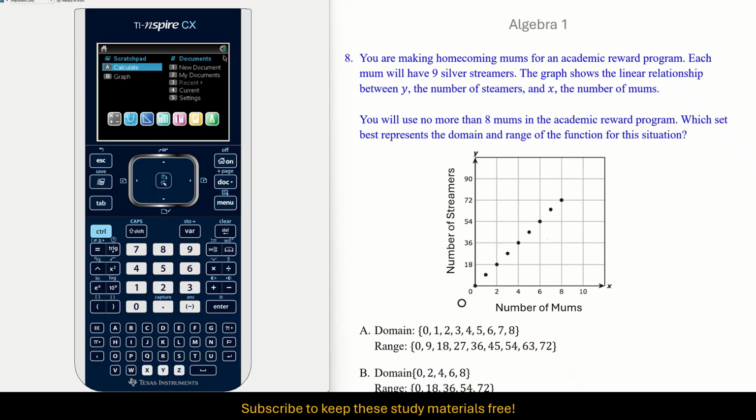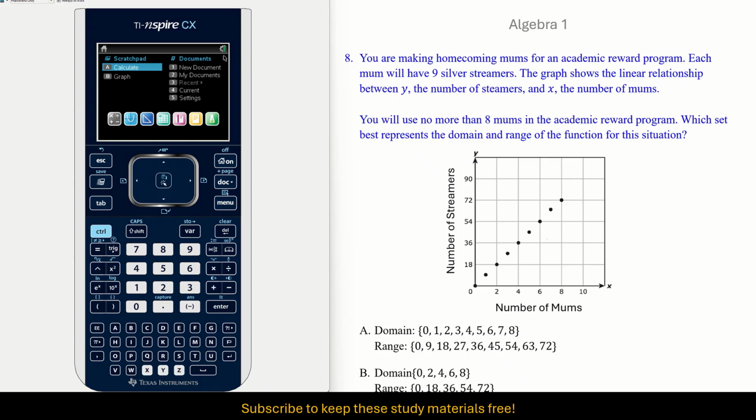Okay, using the TI-Nspire, we will need to graph and then use the table so we can verify the range, each of the range items. Now, as I said before, for this particular problem, we are dealing in discrete information, which is obvious from the graph itself. It is showing discrete information.